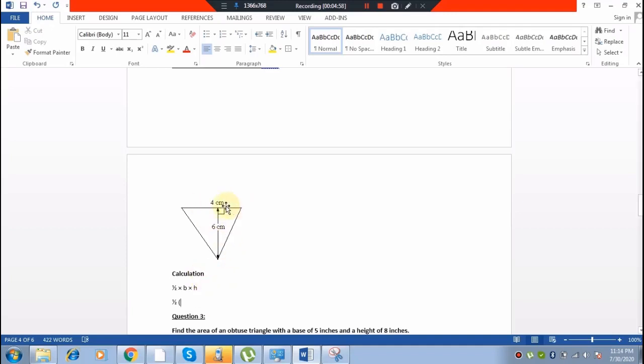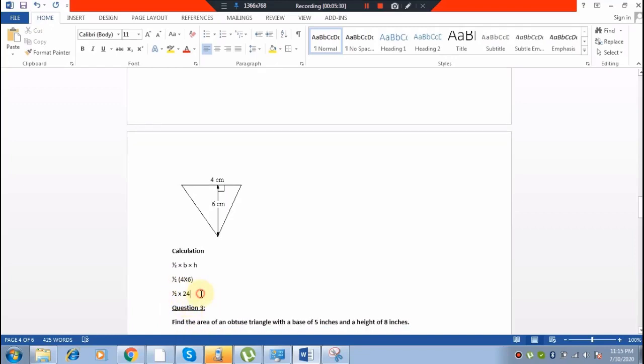Always remember, there is your base, 4, times the height. The height is 6 centimeters. Just use the same formula. Times 24, so it's as good as saying half of 24, which is 12.